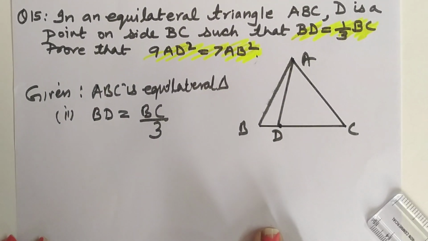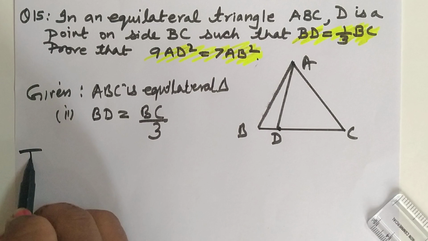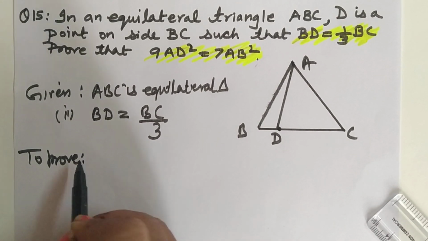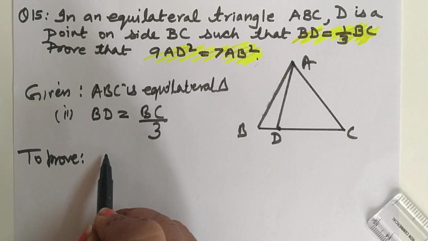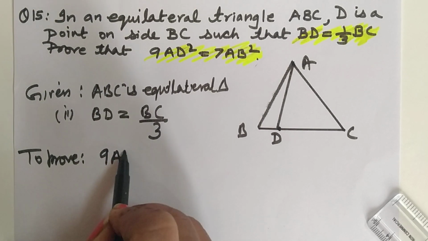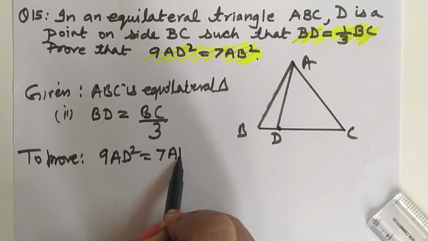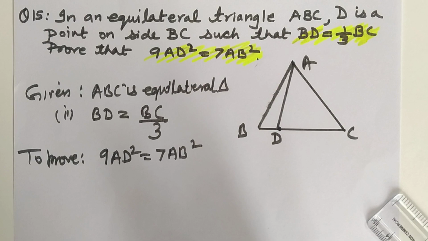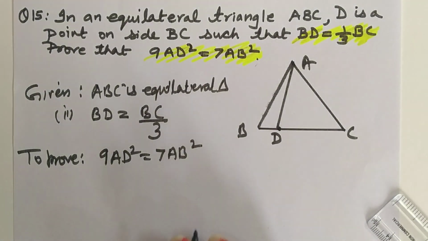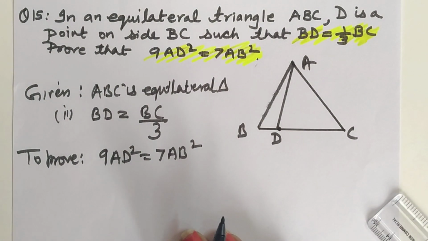Now we need to prove 9AD square is equal to 7AB square. So we have to do a few constructions.